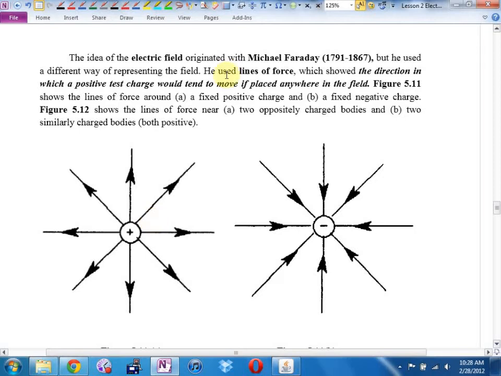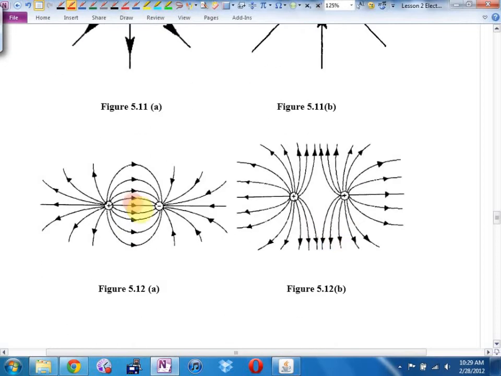He represented the field using lines of force which showed the direction in which a tiny positive test charge would want to move if placed anywhere in the field. How tiny, Brianna? So tiny it doesn't have its own electric field, because otherwise these lines would all change. So figure 11 shows you the electric field around a positive, the electric field around an electron, and the electric field done with computer graphics, better than our sketch, around one positive and one negative.